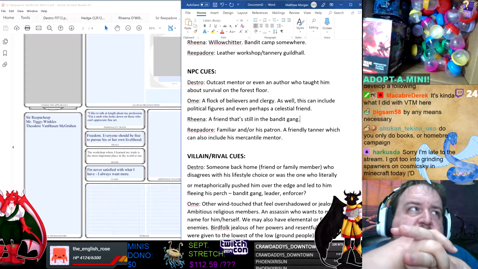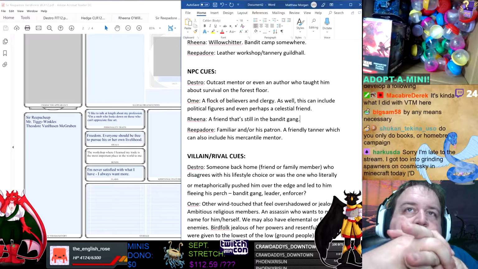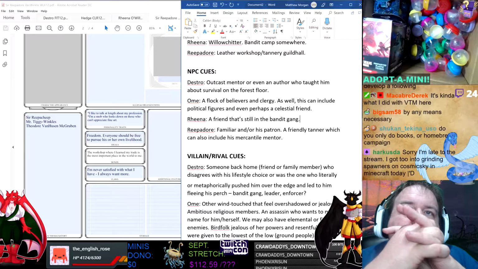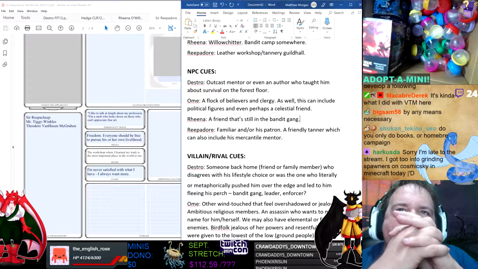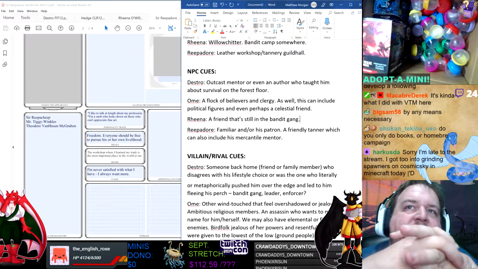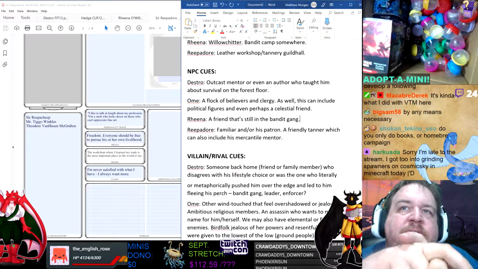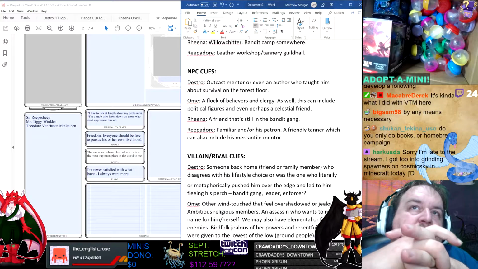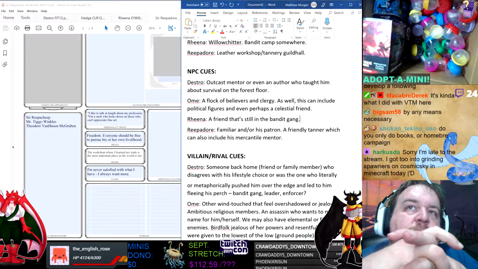I think there's a very strong bond between Rena and Destro. I half wonder then if the friend that's in the bandit gang for Rena isn't also the same person who taught Destro how to survive on the forest floor.